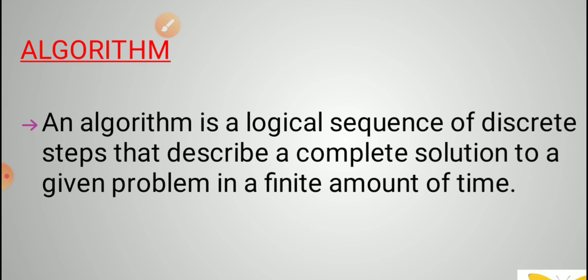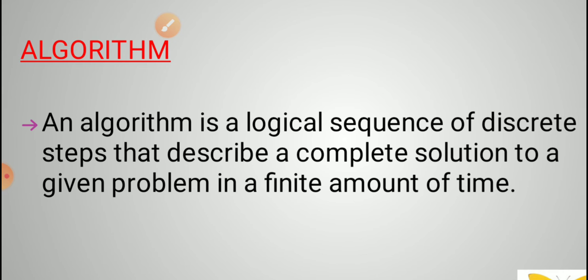So now I hope you understand the concept of an algorithm. An algorithm is nothing but discrete steps that describe a complete solution to a given problem. First you receive the problem, then you analyze it, and then you write the steps to solve the problem. Those steps are the algorithm.